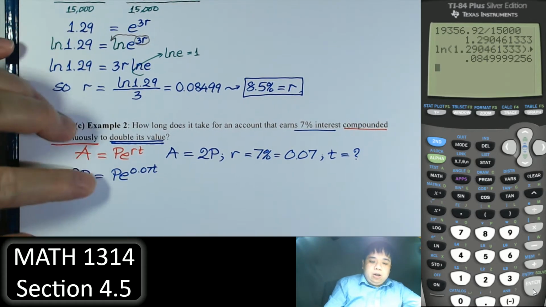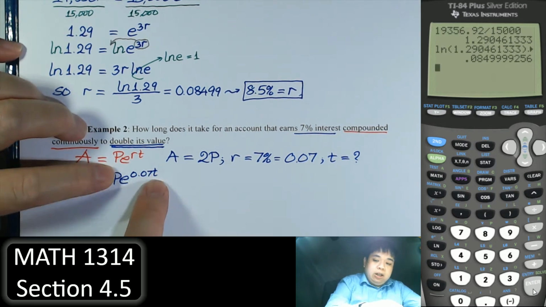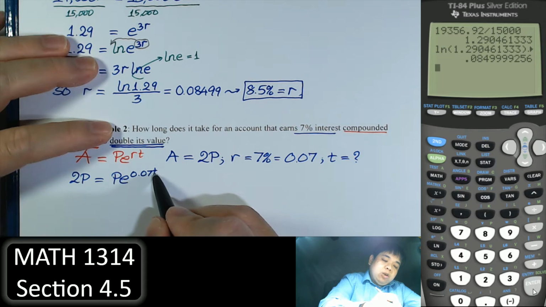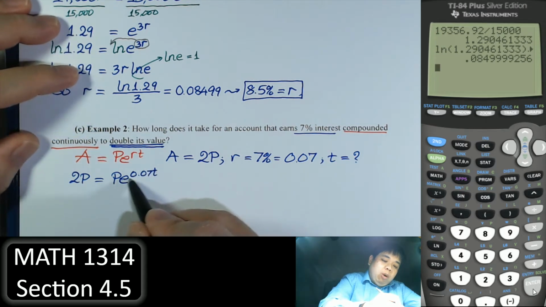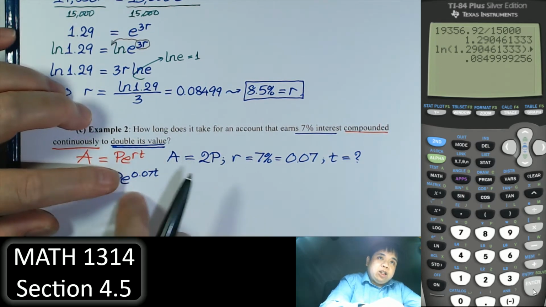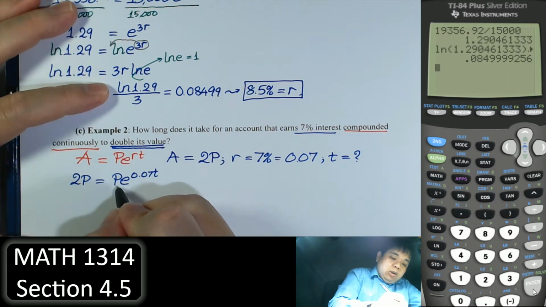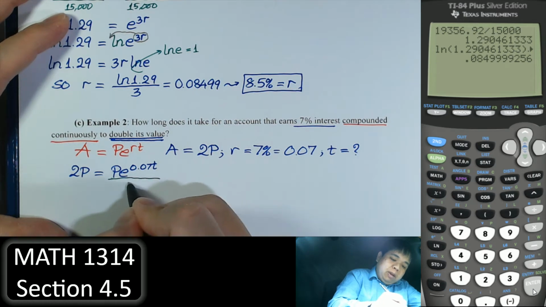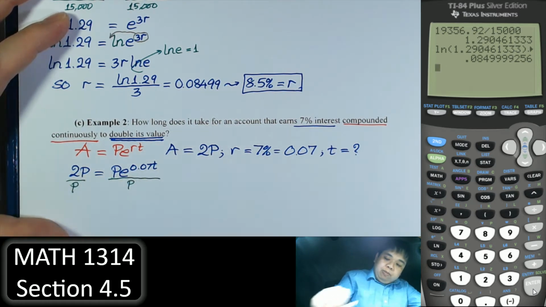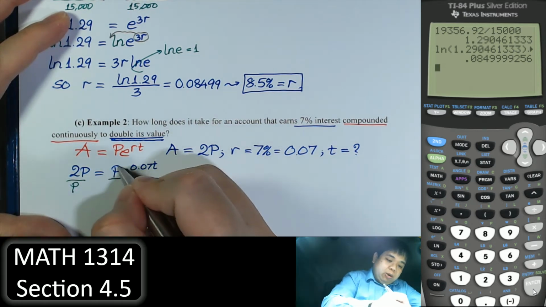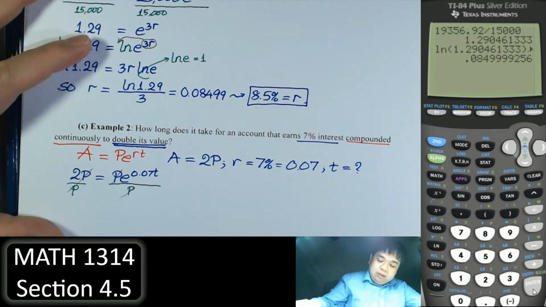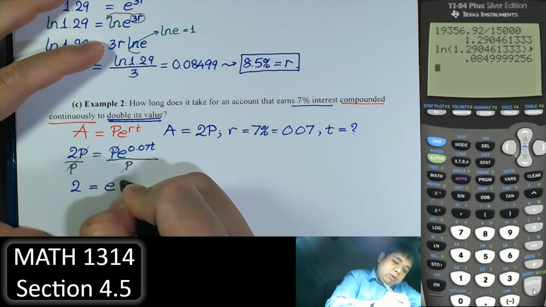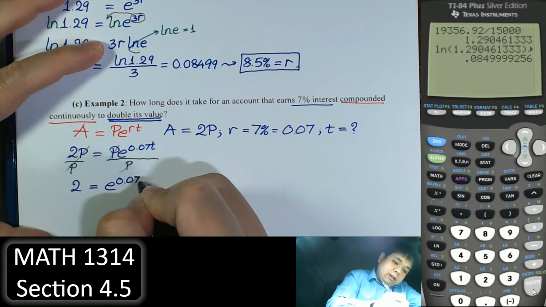Once again we solve for a term in the exponential. If we want to solve for a term in the exponent, try to get the exponential term by itself. So instead of dividing by the 15,000 here, I just divide by P. It doesn't matter what it is, we cancel out. I'll just have 2 equal to e to the 0.07t.